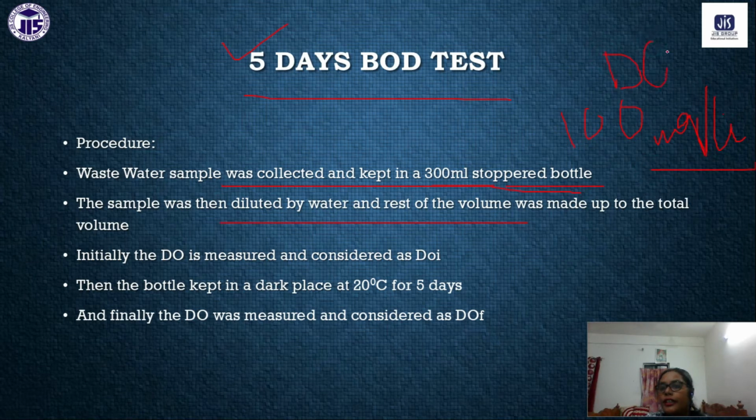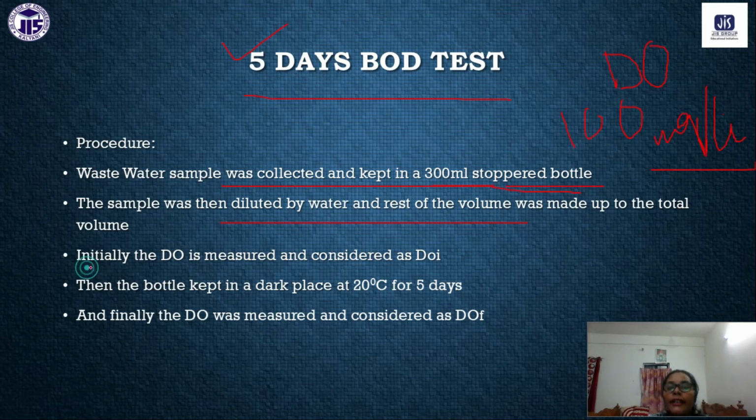But in our water we have only a limited amount of dissolved oxygen, the saturated value. In ideal condition it is 9 milligram per liter, which is very much less than 100 milligram per liter. That is why after collection we have to dilute the wastewater sample with water.